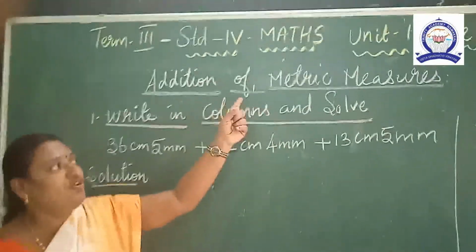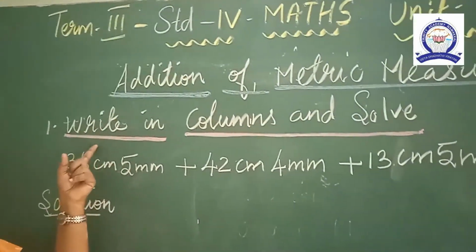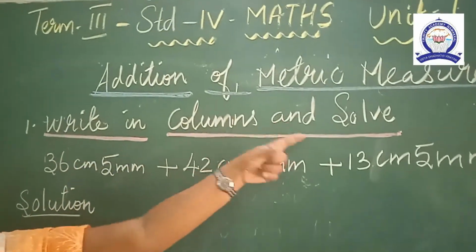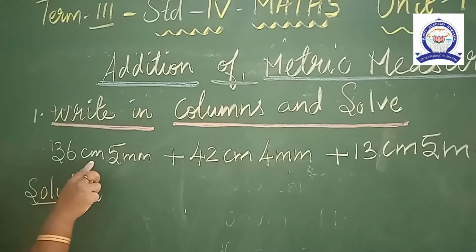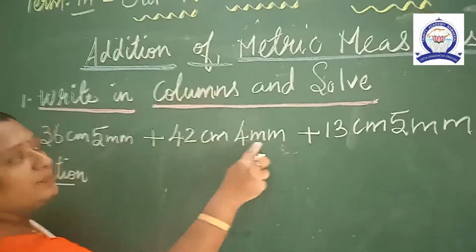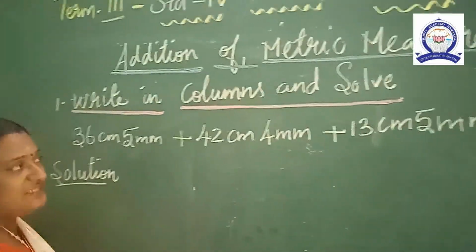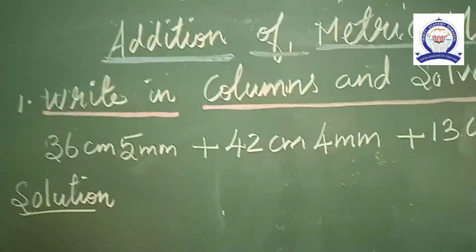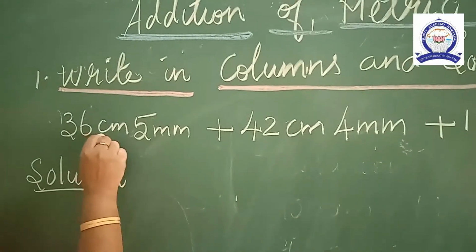Next we see addition of metric measures. First question, write in columns and solve. So you all know addition. So listen here, the given question is 36 centimeter 5 millimeter plus 42 centimeter 4 millimeter plus 13 centimeter 5 millimeter. The first step, we have to write in column and solve. The first step, you write the units on top. So what are the units?